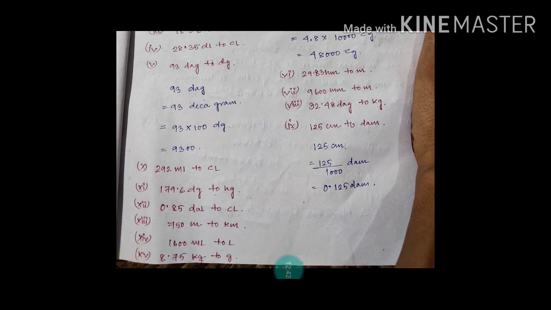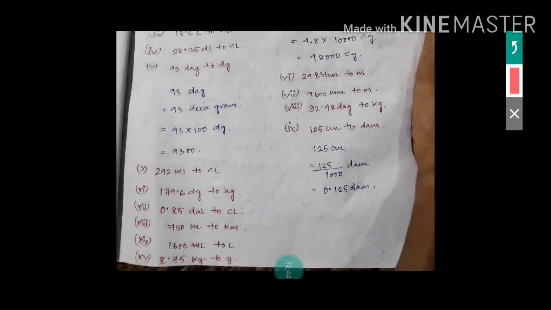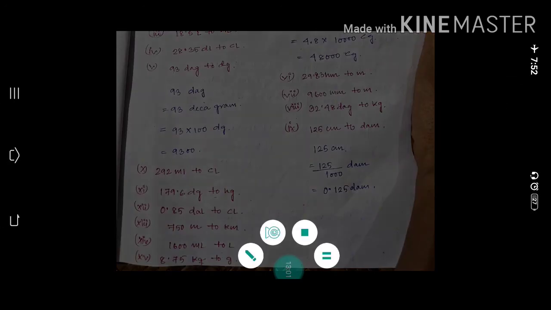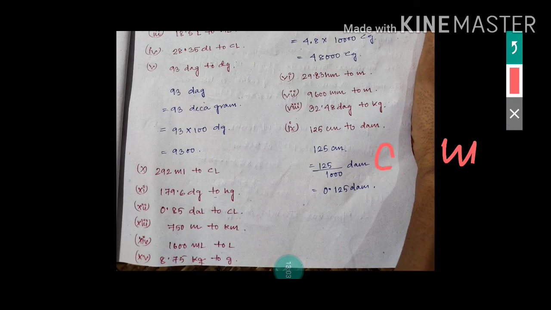Question number 9: it is given 125 centimeter to dam. Da means deca, m means meter. So from centimeter to decameter you have to convert. Milli, centi, deci, meter, deca.